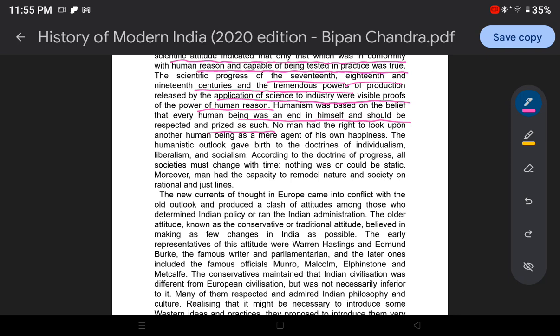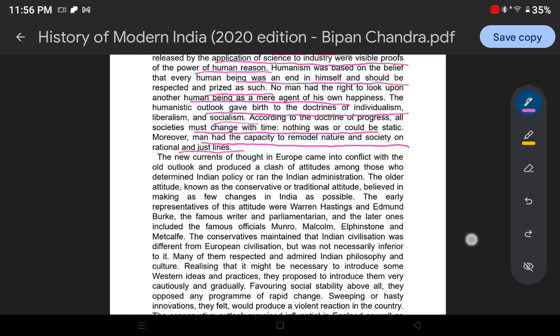No man had the right to look upon another human being as a mere agent of his own happiness. The humanistic outlook gave birth to the doctrines of individualism, liberalism, and socialism. According to the doctrine of progress, all societies must change with time. Nothing was or could be static. Moreover, man had the capacity to remodel nature and society on rational and just lines.